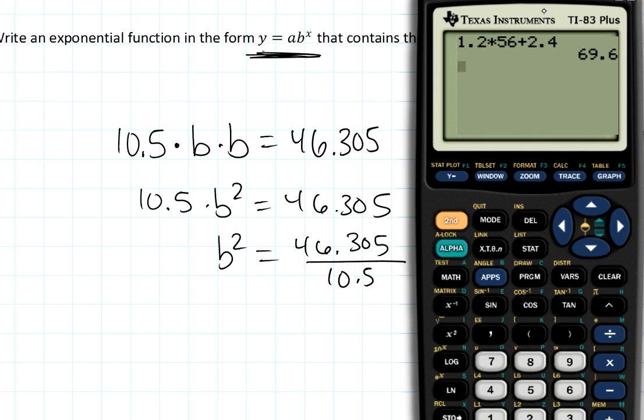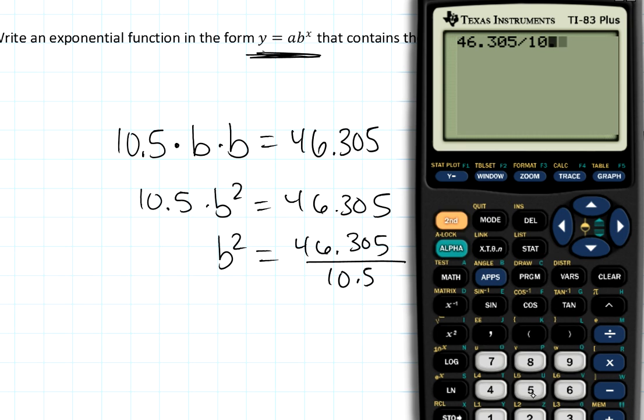So let me grab a calculator. Let's clear the screen, and I'm going to take 46.305 and divide that by 10.5. I have to be honest, this virtual calculator is not working as well as it used to.